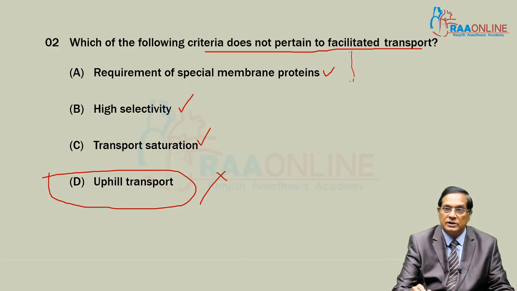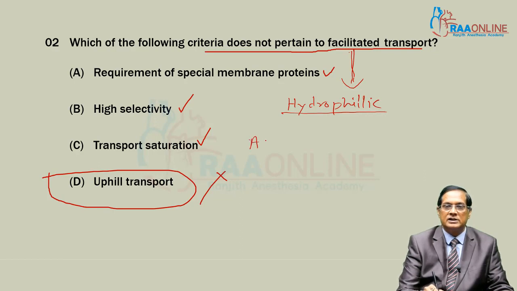By facilitated transport, hydrophilic substance can enter or pass through the membrane, but according to the concentration gradient, that is downhill.